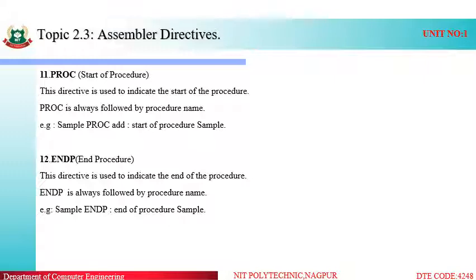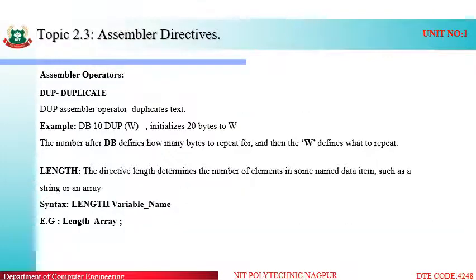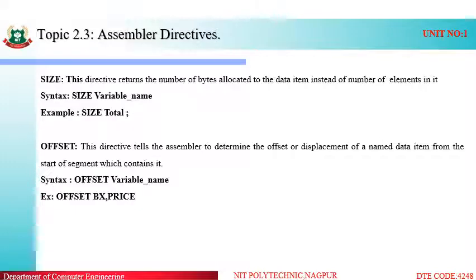Similarly, ENDP is used to specify that the procedure is ending. Likewise, there is ORG. The ORG assembler directive tells the origin of a particular segment. ALIGN is the alignment of memory address. Similarly, there are different assembly operators like duplicate, length, size and offset.